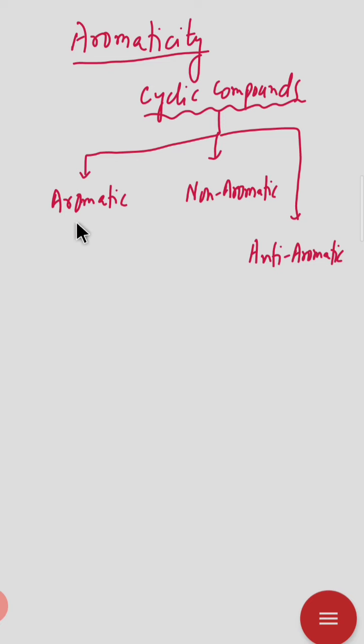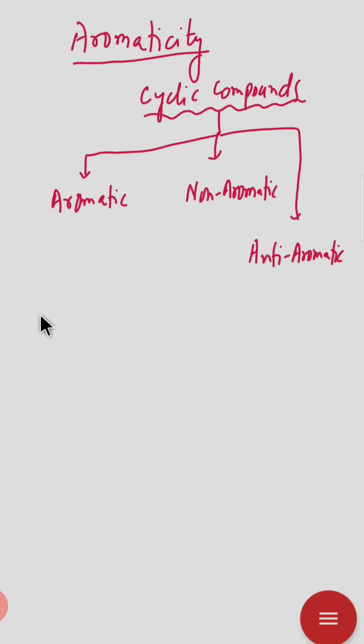Now the stability order of these three compounds is: aromatic is most stable and the anti-aromatic compounds are least stable. They are not stable at room temperature, they do not exist at room temperature.